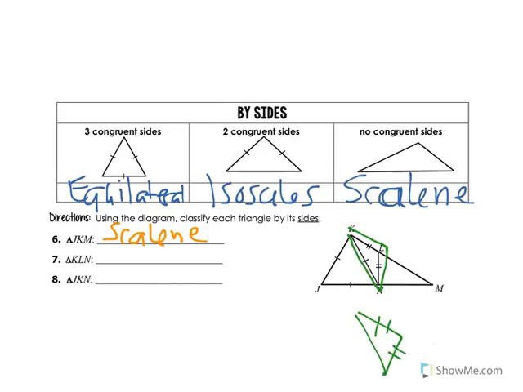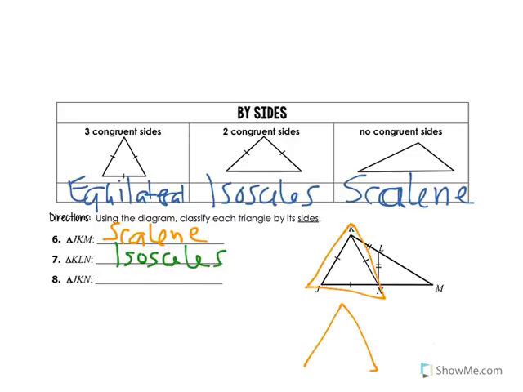That triangle, because those 2 congruent tick marks, means it has 2 congruent sides, KL and then LM. So it's isosceles. And then the last one is triangle JKN. Because of the tick marks, all 3 of the sides are the same, so that is going to be equilateral.